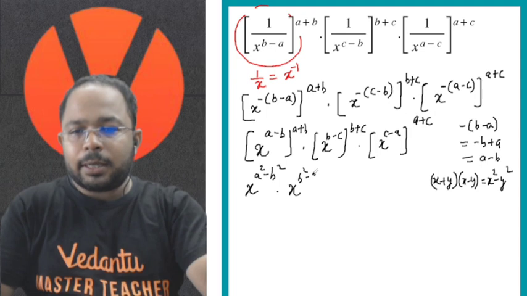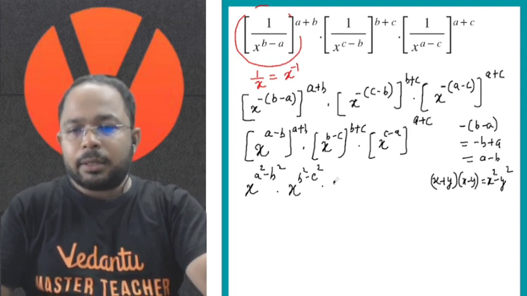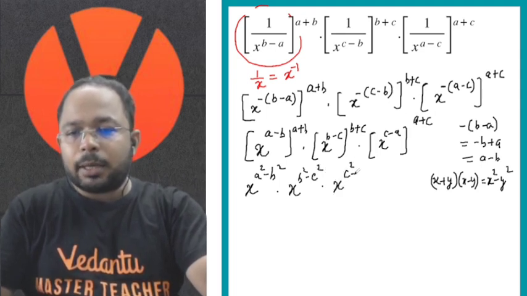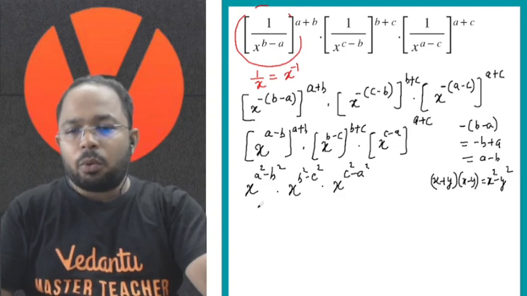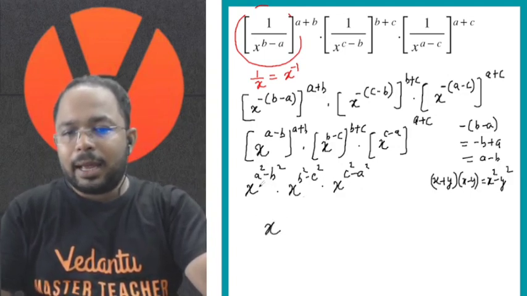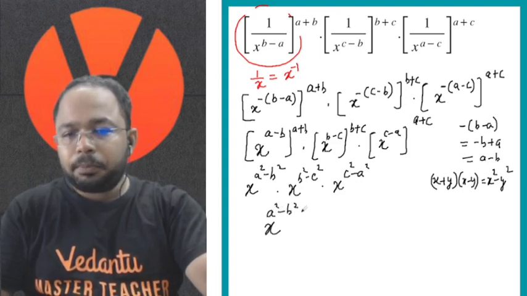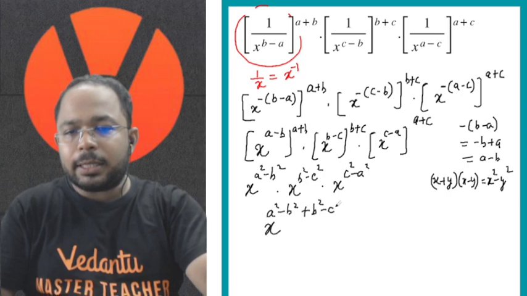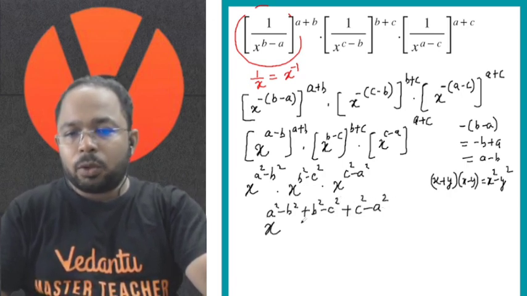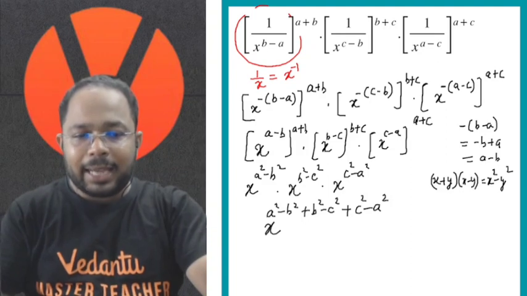Similarly b square minus c square will be there. Similarly x to the power c square minus a square. Now what we can do is, we have the same base, we can add the powers: a square minus b square plus b square minus c square plus c square minus a square. So look, we can cancel it out.